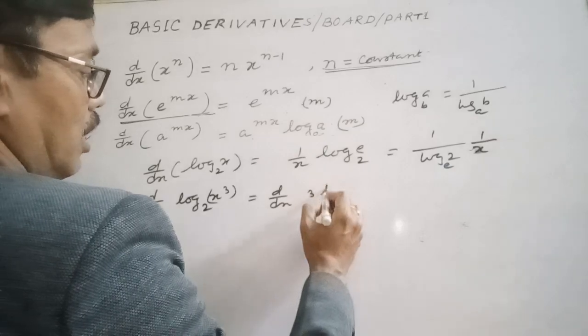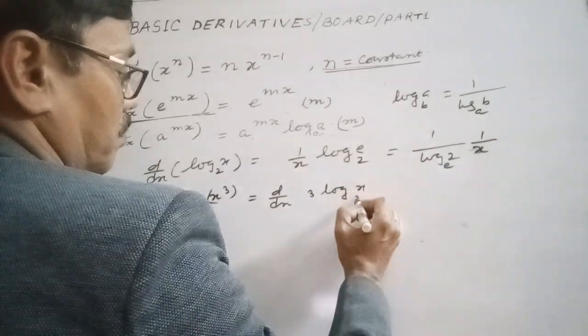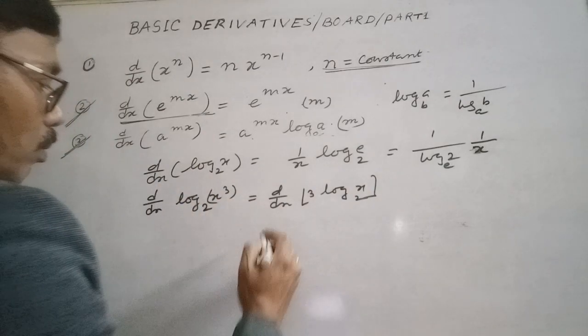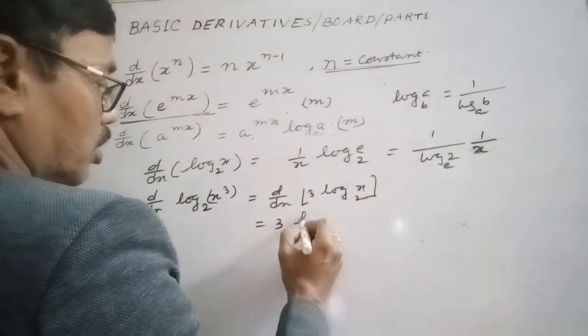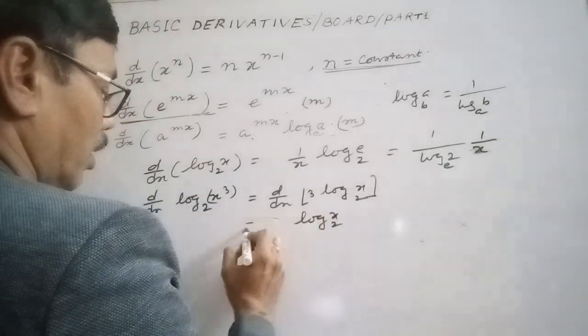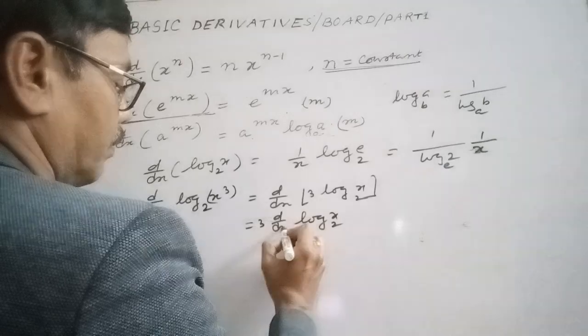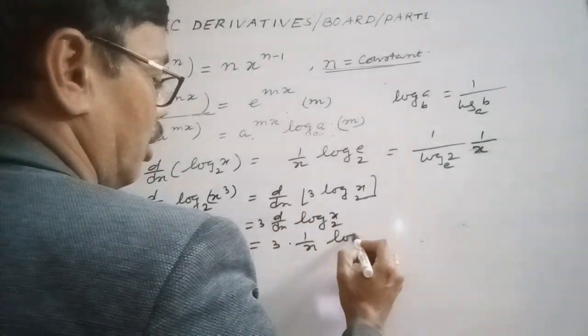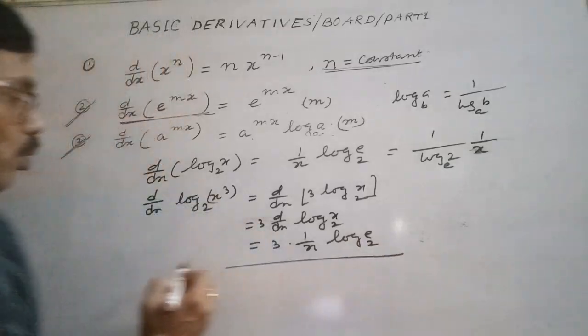This is 3 log x base 2; 3 comes forward by the property of log. So 3 outside, log x base 2, then d/dx. So this is 1 by x into log e base 2.